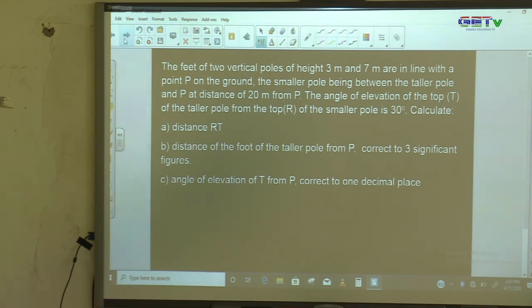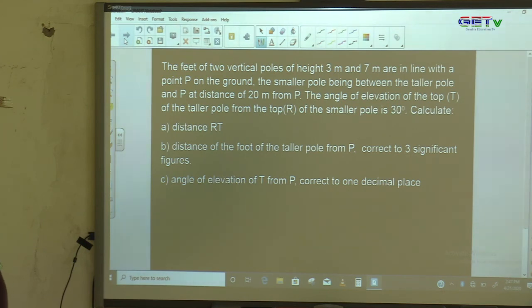The smaller pole being between the taller pole and P, at a distance of 20 meters from P, the angle of elevation of the top T of the taller pole from the top R of the smaller pole is 30 degrees.